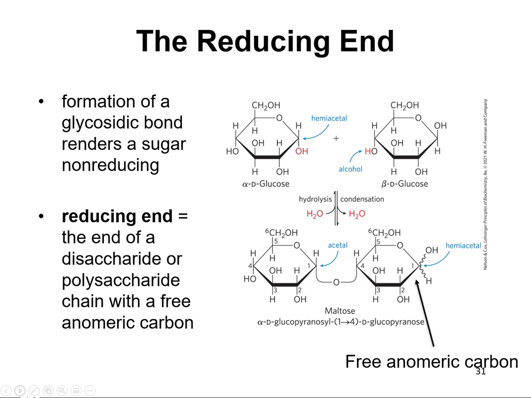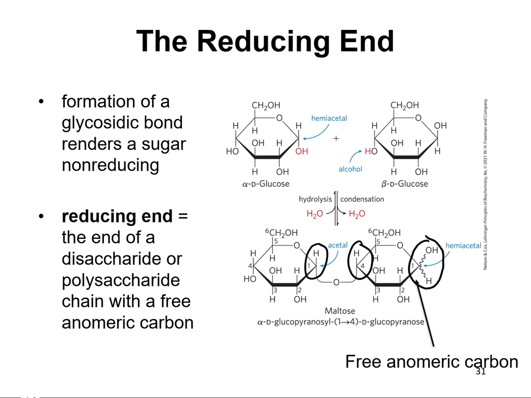So when you have the formation of a glycosidic bond, that sugar is no longer a reducing sugar. So here and here can't do any more chemistry. We've already got a linkage. However, we've still got this free anomeric carbon.